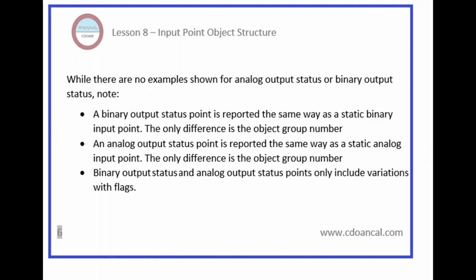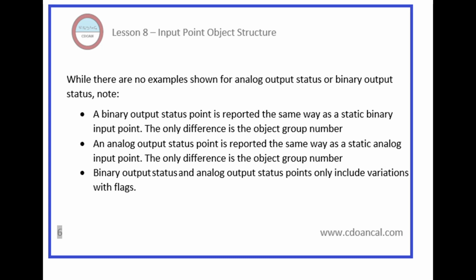While there are no examples of flags shown for analog output status or binary output status, note, a binary output status point is reported the same way as a static binary input point. The only difference is the object group number.